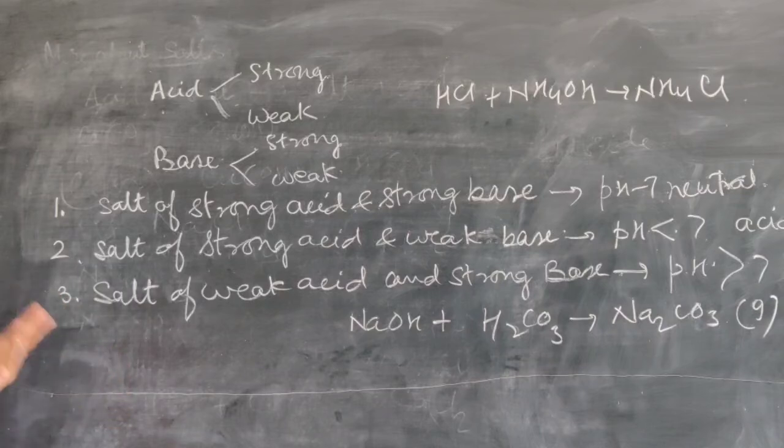So, I am repeating, the salts of a strong acid and a strong base are neutral. Their pH will be equal to 7. One example is sodium chloride; then we can write potassium chloride, potassium sulfate, sodium sulfate. So many salts are there. They are all neutral because they are made from a strong acid and a strong base.